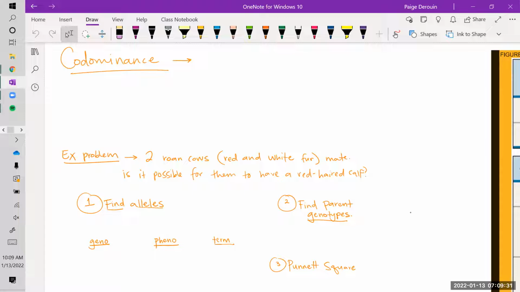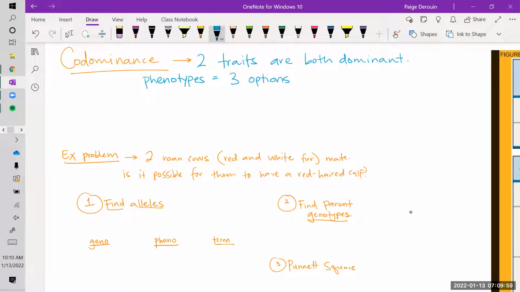Okay. With codominance, instead of seeing just 2 options, you're going to see 3 options. So what happens in codominance is 2 traits are both dominant. So what you're going to see, those phenotypes are going to be 3 options where one is a mix of the other 2.